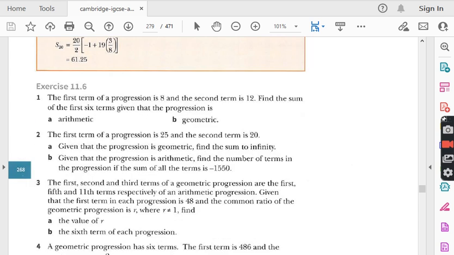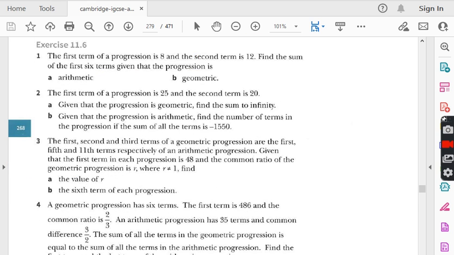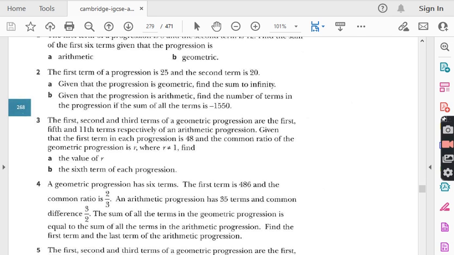Good news, the whole exercise has finished in a single lecture. And the second good news is we have finished the whole chapter 11, series, successfully. We have completed each and every exercise from 11.1 to 11.6. We did each and every question. We didn't leave any part, any question.